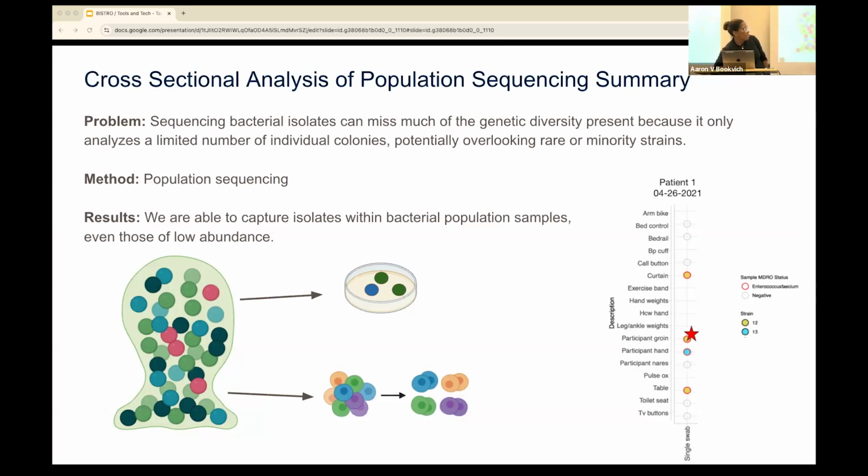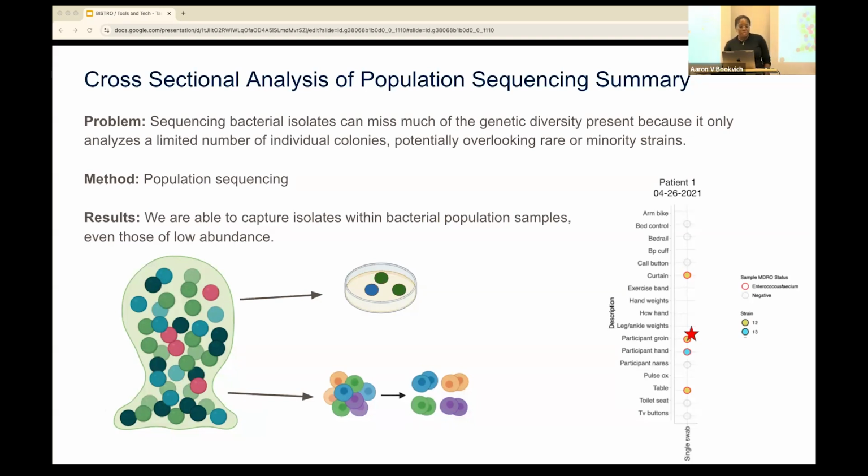This is Enterococcus faecium. And then the star represents the sample where I have a population sample. From that one population sample, I don't need 4 isolates. I can capture the 2 different strains that are there, 12 and 13, without doing all the different isolates.